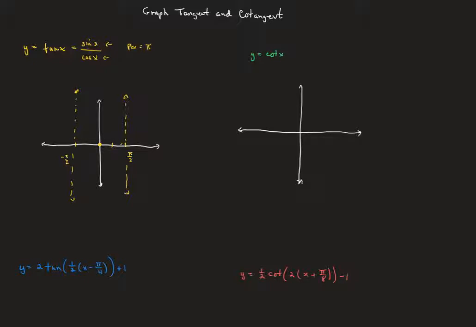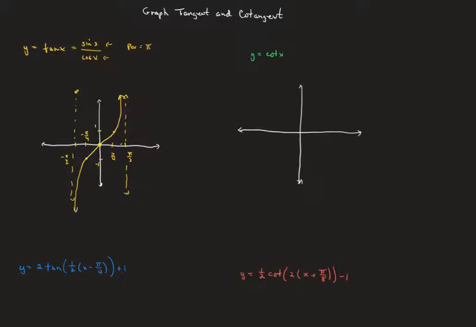So a fourth of the period to the right, at pi over 4, it's going to be 1. And a fourth of the period to the left, at negative pi over 4, it's going to be equal to negative 1. And then it's going to do that kind of swirling and rise from left to right.